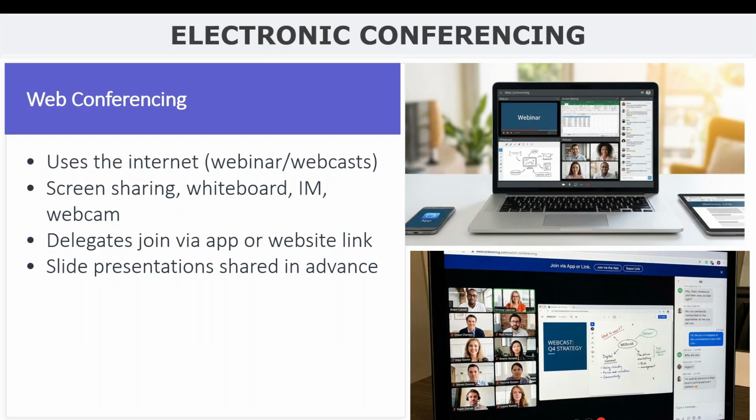Now, delegates join via app or web links. So basically, it talks about either you join using, for example, meeting apps like Zoom or Teams, or just by clicking on a web link to join the conference. Now, slide presentations are shared in advance in most cases.